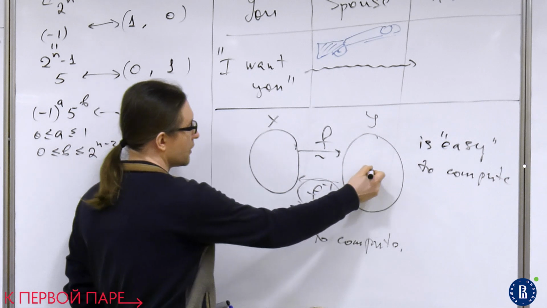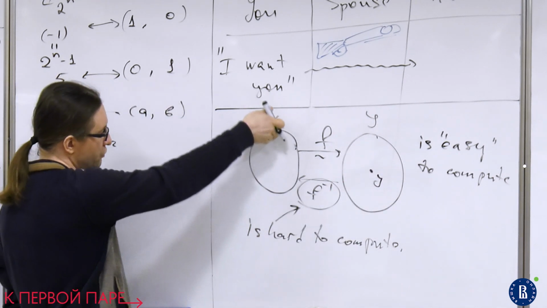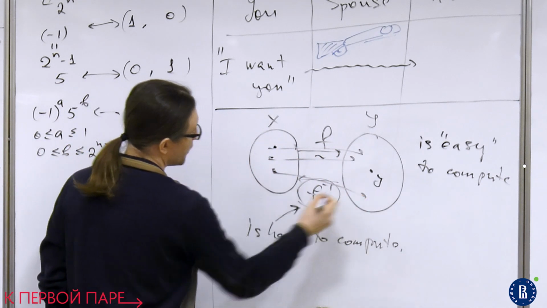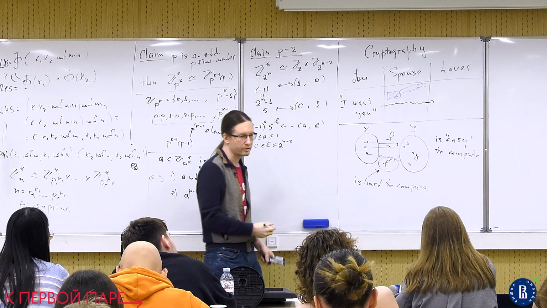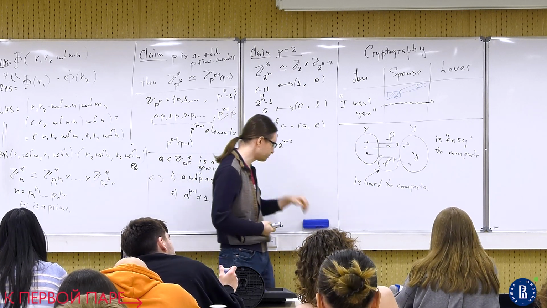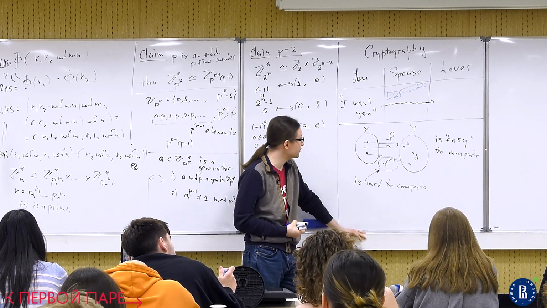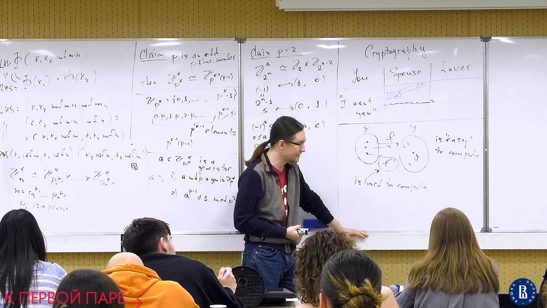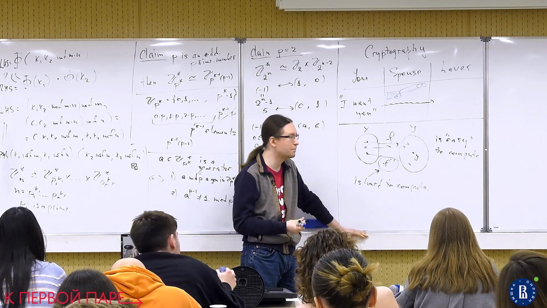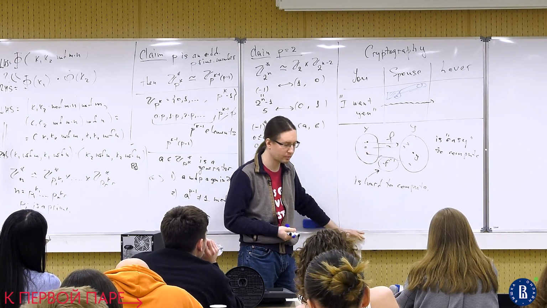For example, if you are given an element y here, the only option for you to find its preimage is to go through all of these elements and check if this element goes to the required one. So brute force is the only solution, and this is the most optimal solution. Well, no one can prove that these kinds of maps exist, but there are some cases where we believe that we have found a map with this property.